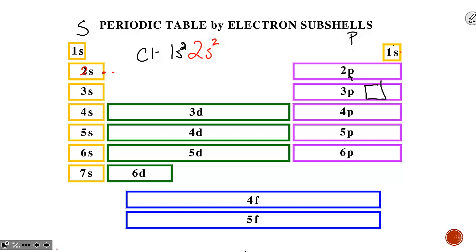I've reached the end, but I'm going to keep reading across because it's like reading on a page. You read all the way to the end. I'm now in the p block, but there are lots of p blocks. So you have to say again that you are still in the second energy level, because electrons will fill the s orbital of the second energy level. They now need to fill the p orbital of the second energy level.